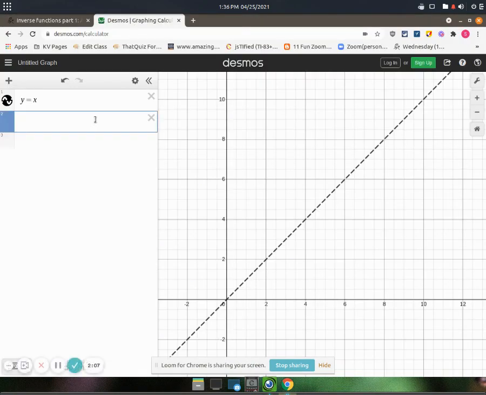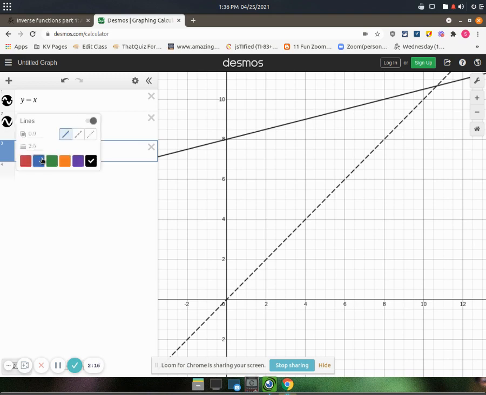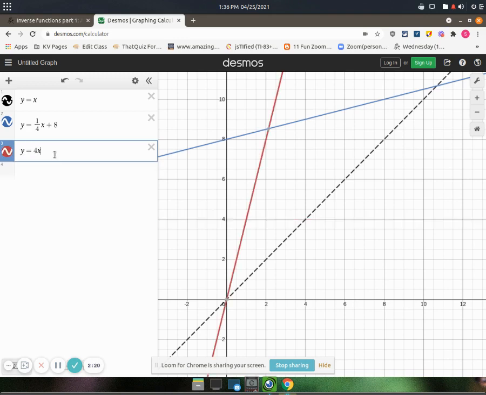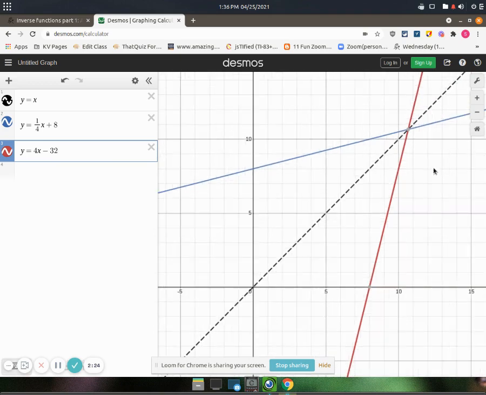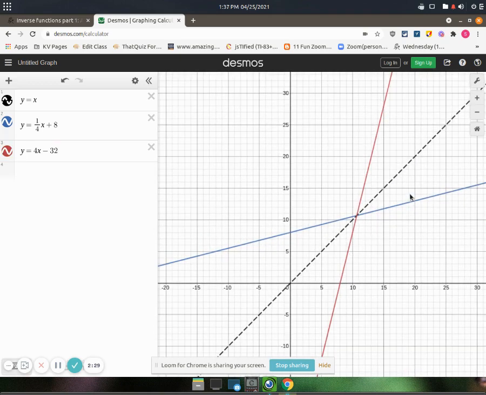All right, y equals 1/4 x plus 8. Change my color here. And then my second function is y equals 4x minus 32. Zoom out a little, and you can see they are a reflection of each other.